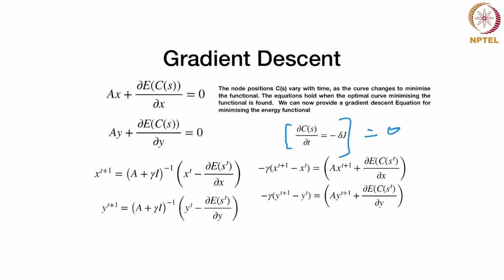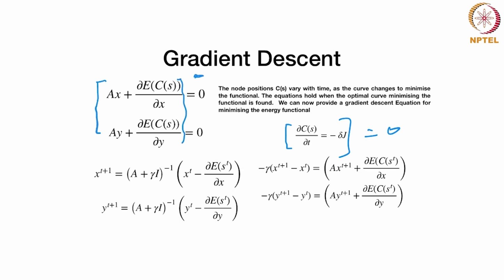So you are propagating the curve in the direction opposite to increasing gradient, which is basically the gradient of the functional. That's what we have, because we're trying to estimate the curve itself. And minus delta J is what we estimated here. This is minus delta J, these terms.